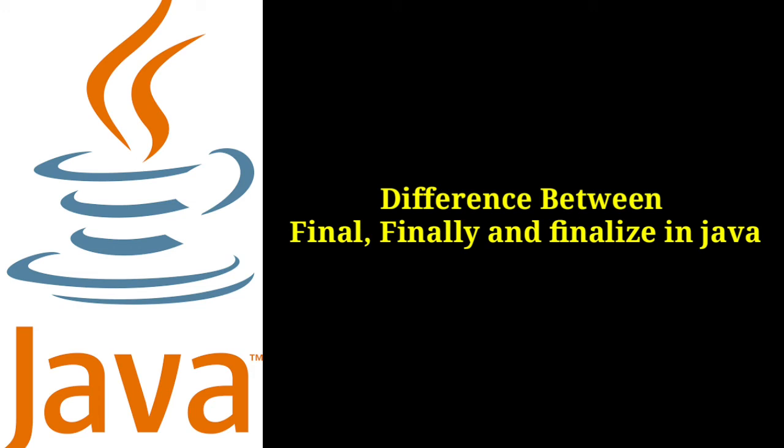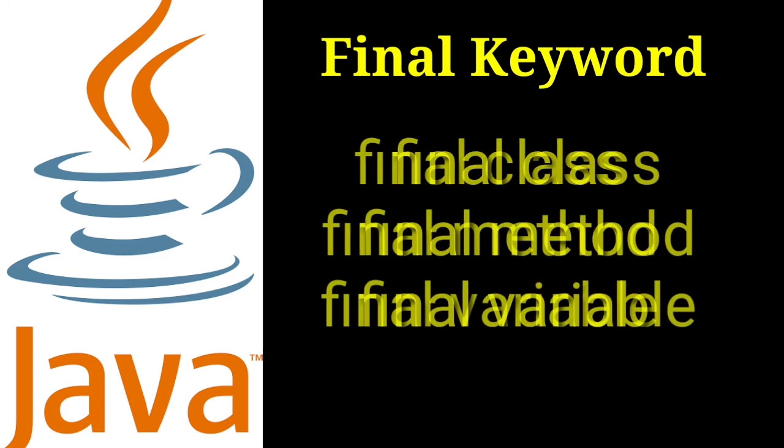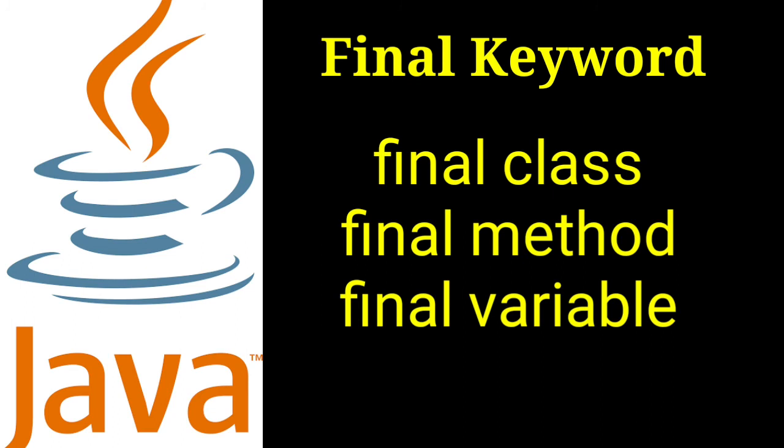First, let me take the final keyword. The final keyword can be used with a class, method, or variable in Java. A final class is not extensible, a final method cannot be overridden, and a final variable cannot be changed.